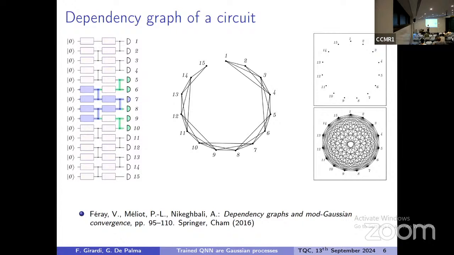What we need to do to study the probability distribution of the sum of these terms which are not independent is to study and consider the dependency graph, all the dependencies. This is just an example for this circuit of the case that we are studying, in order to have some hypotheses to bound the non-Gaussianity of the final distribution.